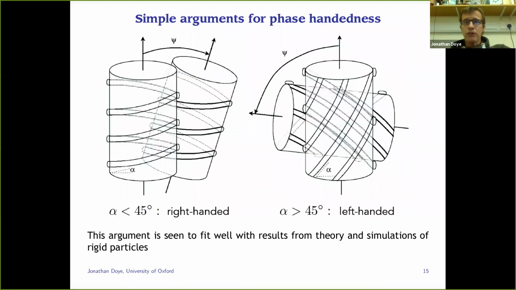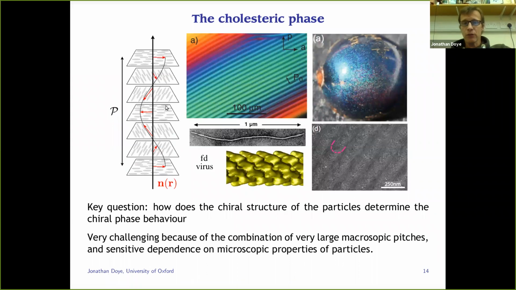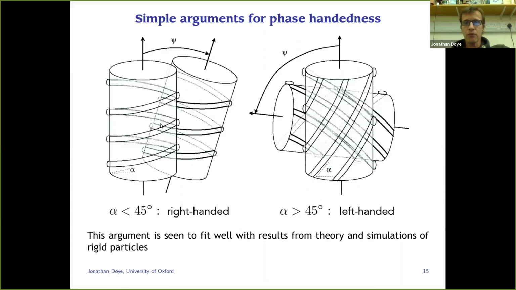Okay, and one simple argument to explain why a particular system might show a right or left-handed phase. The rotation can be in a right-handed sense or left-handed sense as you go through the system.